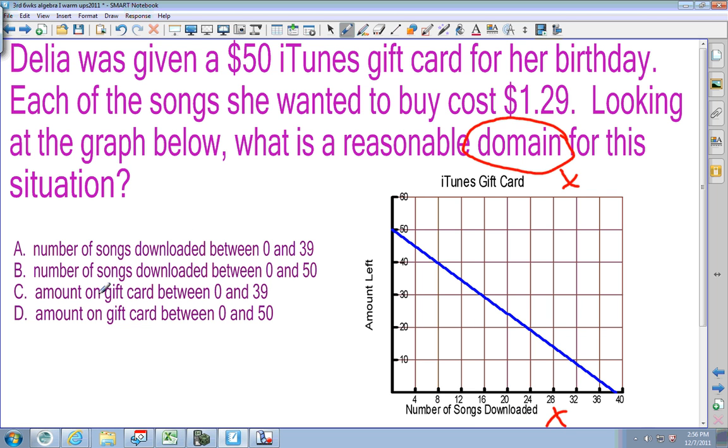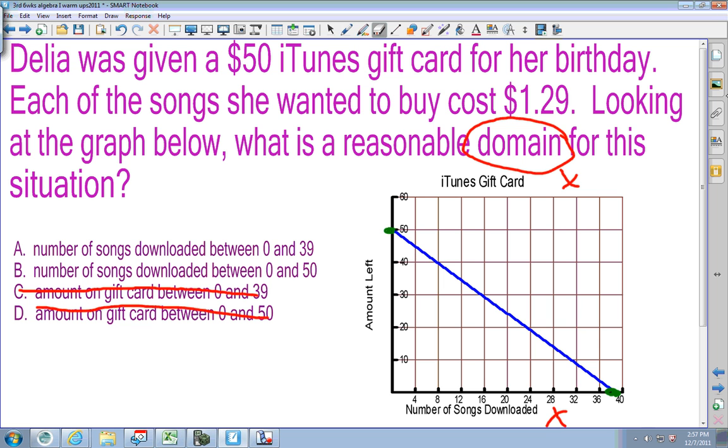Well, this talks about amount on the gift card, so this is not correct and D is not correct. Now, I start up here, I'm at 50, and I go all the way down here to 0. But the thing is, that's the range, going up and down.